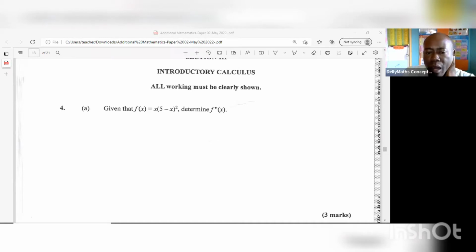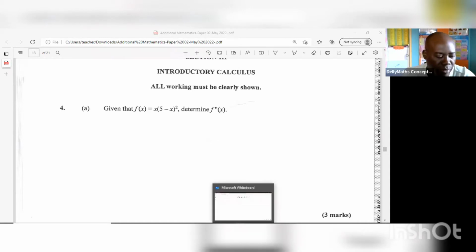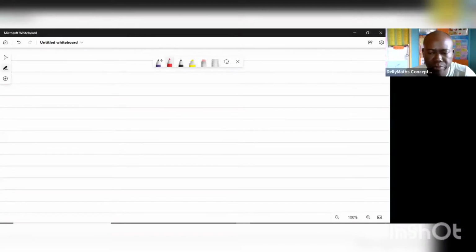So here we go, double derivative. We're looking at f of x is equal to x open bracket 5 minus x, that squared.